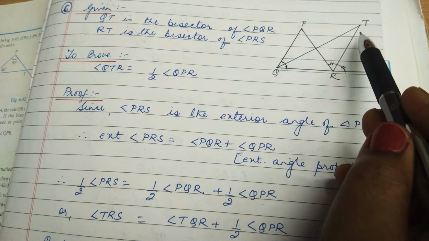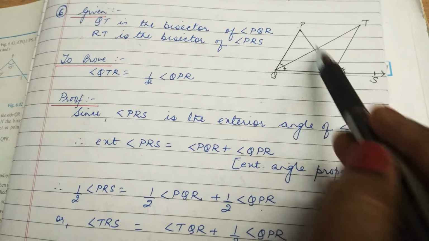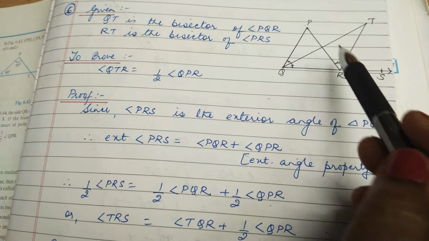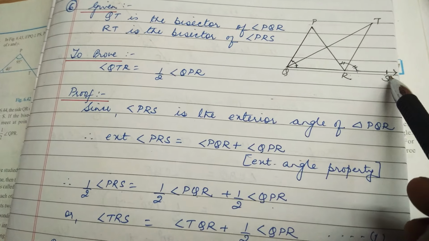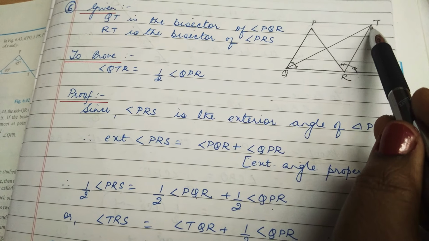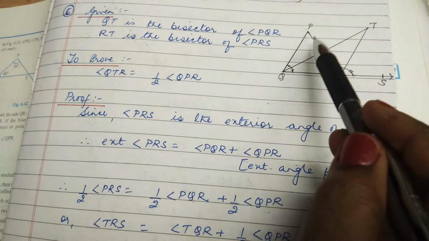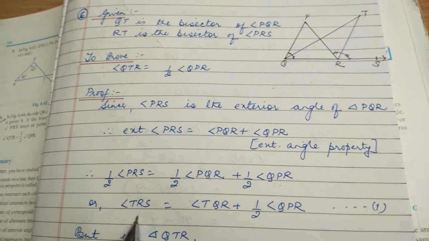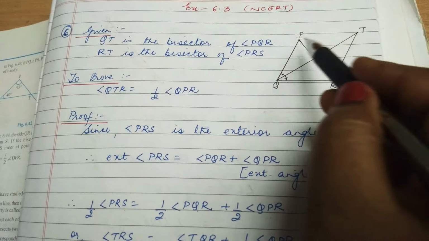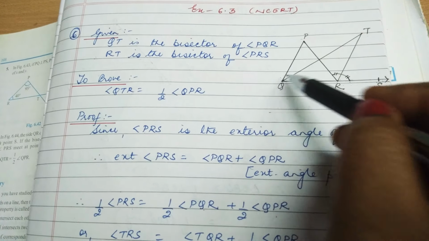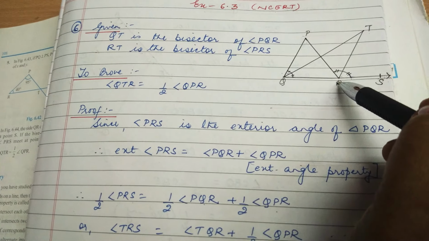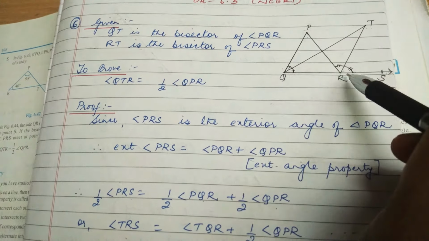Now what is half angle PRS? We have seen that RT is the bisector of angle PRS, as given in the question. So half angle PRS will be equal to angle TRS. Again, QT is the bisector of angle PQR, so half angle PQR can also be written as angle TQR.